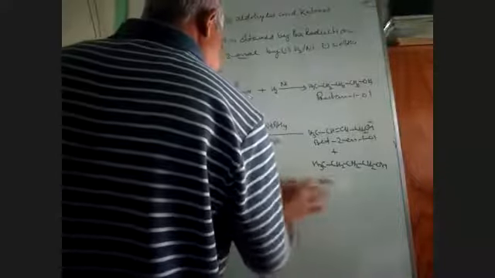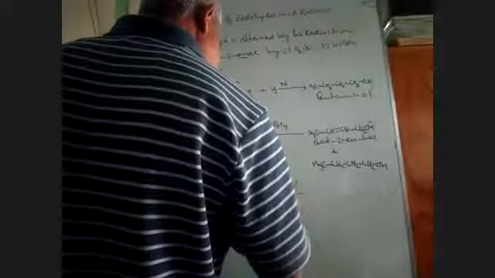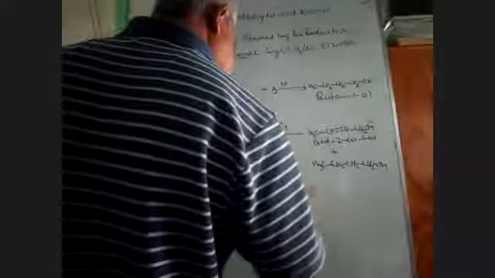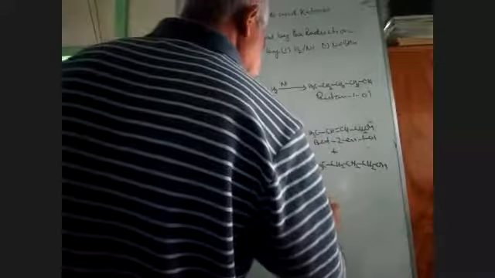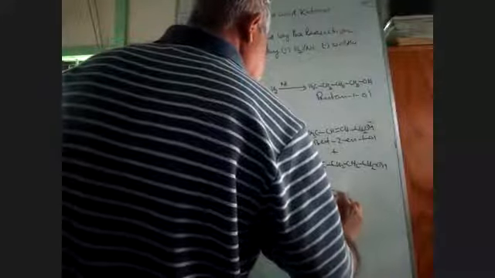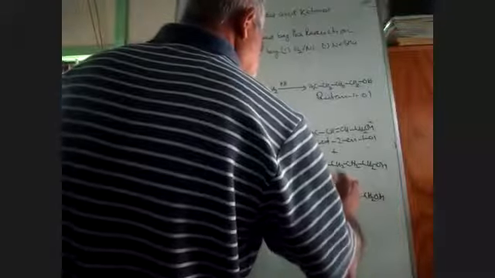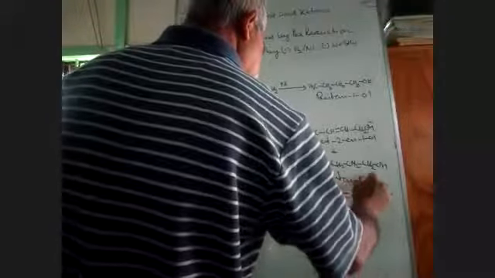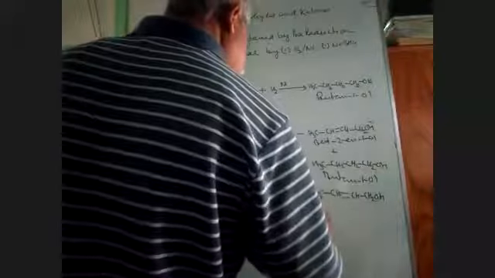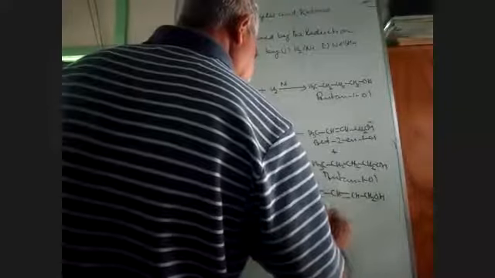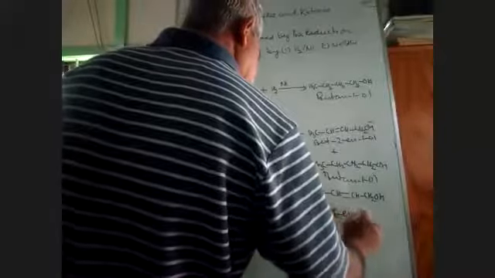With lithium aluminum hydride and water, it will only give you this: CH3CH=CHCH2OH, but-2-en-1-ol.